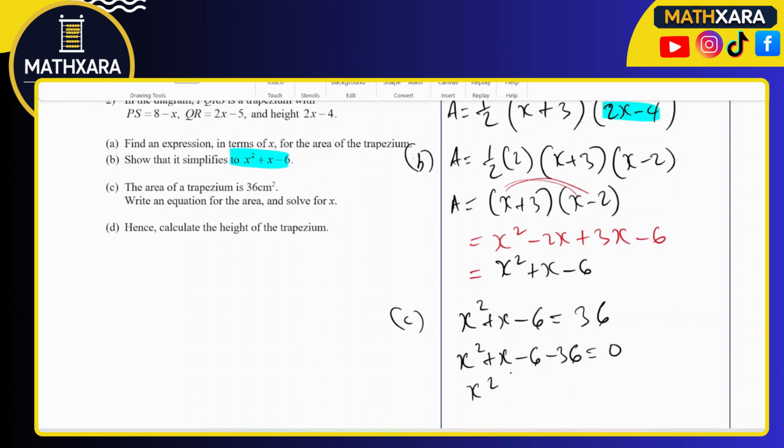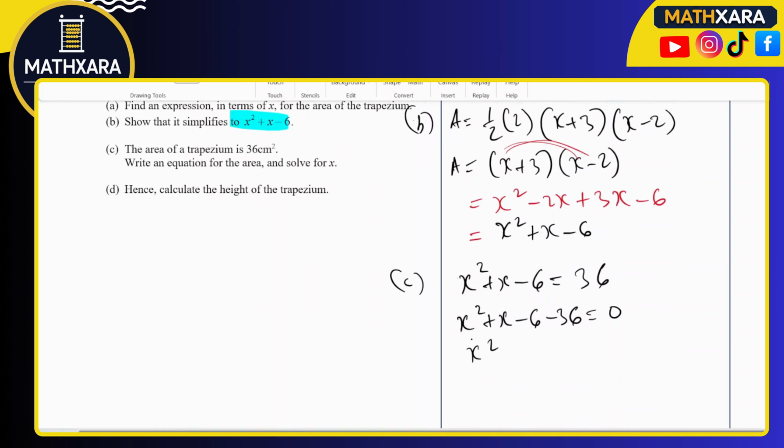So that would be x squared plus x minus 42 equals 0. We're asked to solve this equation. Again, we need to find two numbers that multiply to 42 and add to a positive 1, since this is 1x.